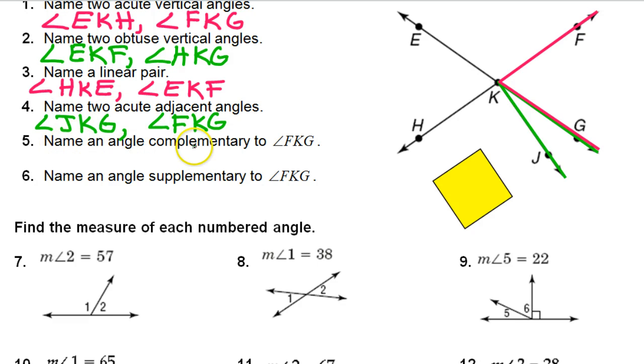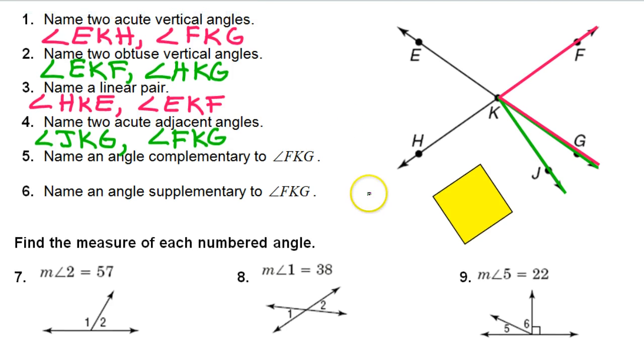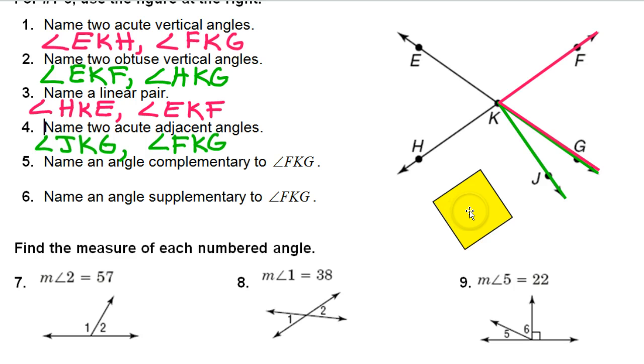All right, name an angle complementary to FKG. Well, I think I just did that. Because like I was showing on this side, it looks like these are complementary angles. This seems to be a right angle in here.